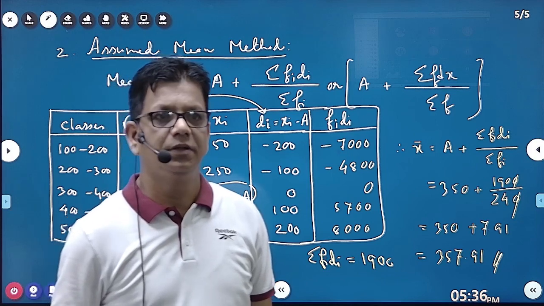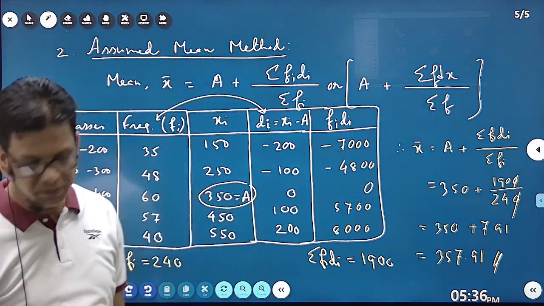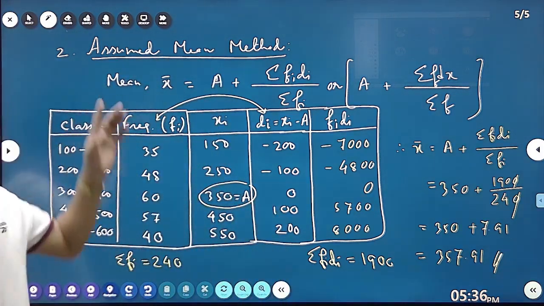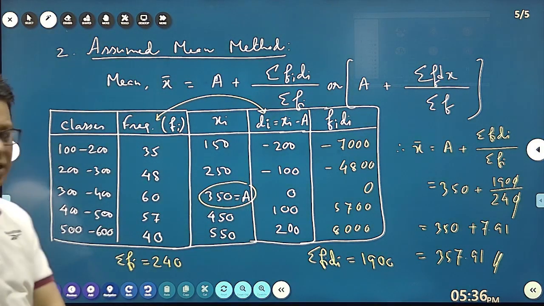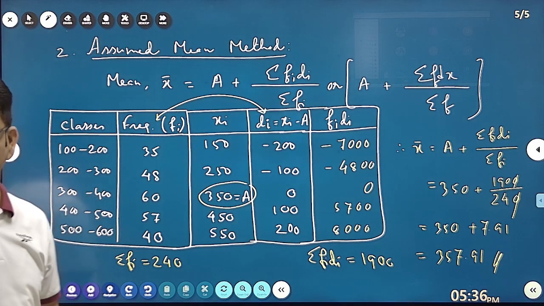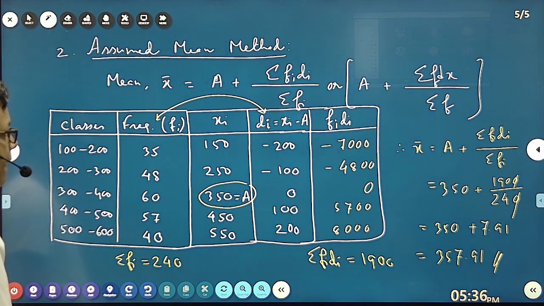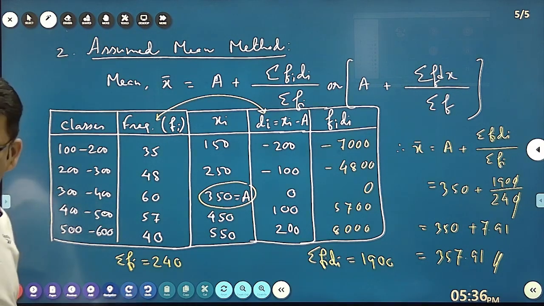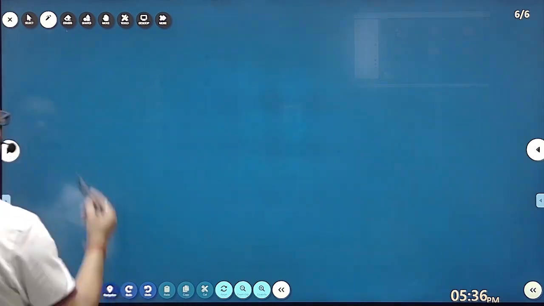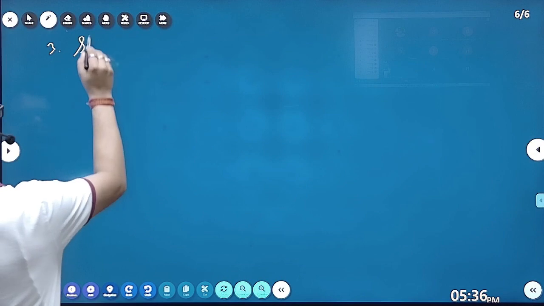Yes, sir. Okay. Now, last time I did not explain the last method, so this time I am going to do it. The third method. Actually, if you know any one method properly, we can do it. Okay, fine. Let's start the last method, which we used to call the step deviation method.